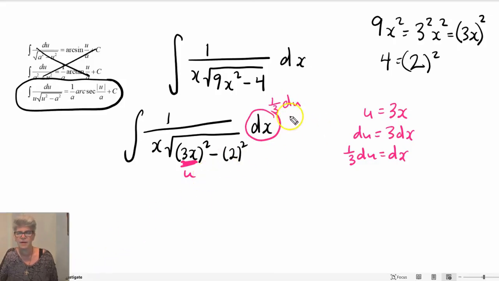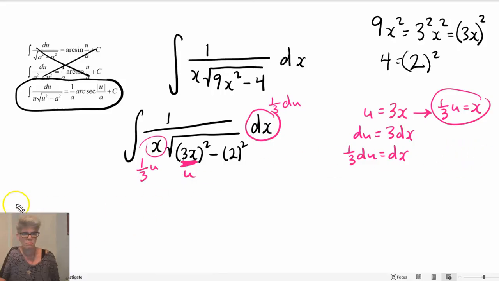And then finally, it's shaping up nicely. I just need to deal with this. And I can, again, if I divide both sides by 3 or multiply both sides by a third, I'm going to have that. And so this becomes 1/3 times u. So I might put that 1/3 du in the numerator.